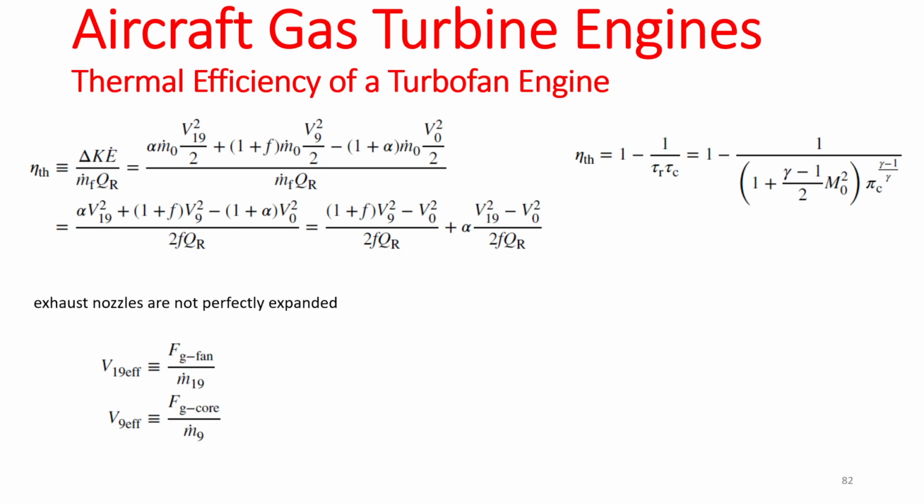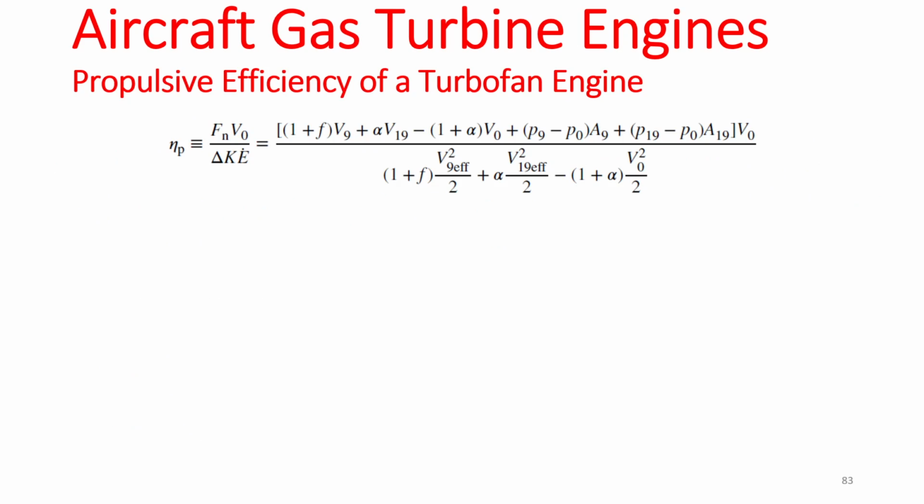What's the last one? Okay. So the propulsive efficiency, if you recall, was the thrust power divided by the jump in the kinetic energy. The thrust power is your thrust multiplied by the V naught.